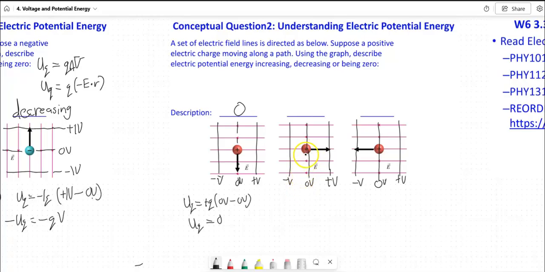This positive is moving upstream. So we're going to have a positive Q, and its ending voltage is positive V. Its starting voltage is 0. So U sub Q is going to be positive Q times voltage. So its potential energy is increasing.